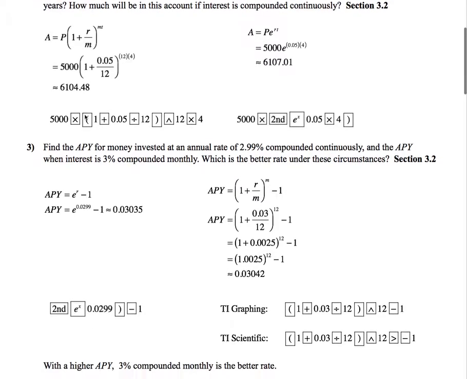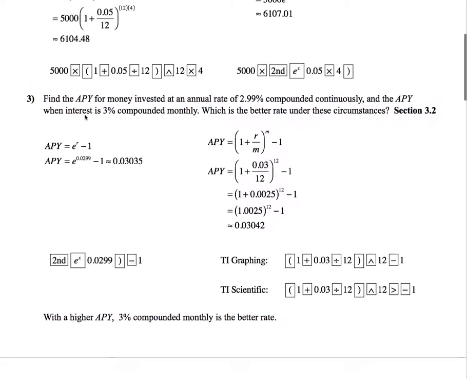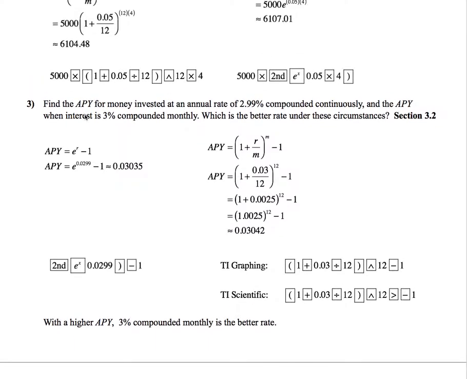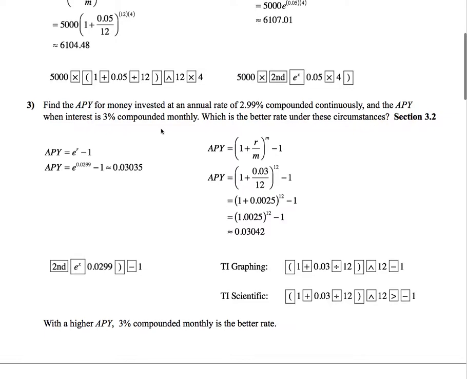Okay, and so now the third question will have a distinctly different keystroke entry for the scientific as it will for the graphing. In this question, we're asked to calculate APY, annual percentage yield. Those formulas are on your handout.